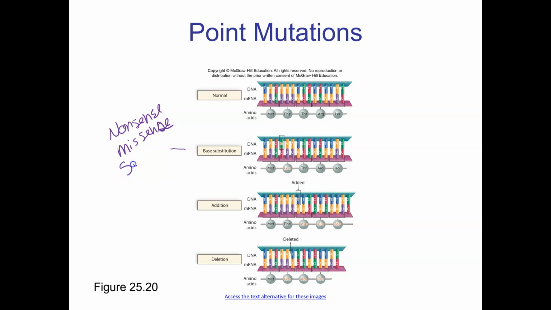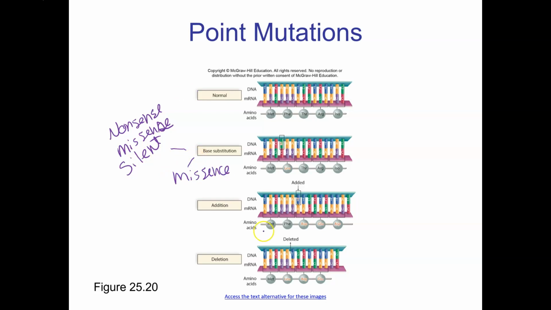Or a silent. Then we have addition, where we are adding a nucleotide in, or deletion, where we're taking a nucleotide out. So in this case, we have methionine, phenylalanine, threonine. Here we have methionine, leucine, threonine, arginine, isoleucine. So this would be a missense here.